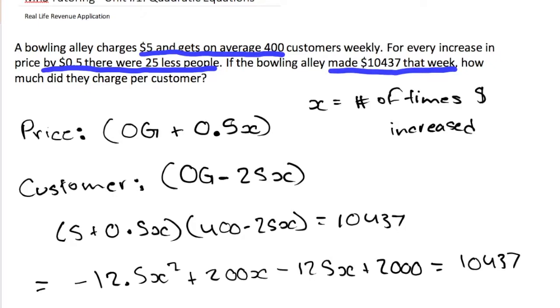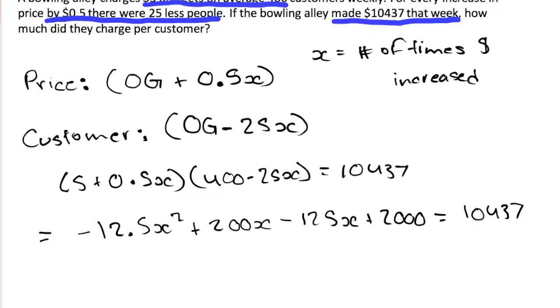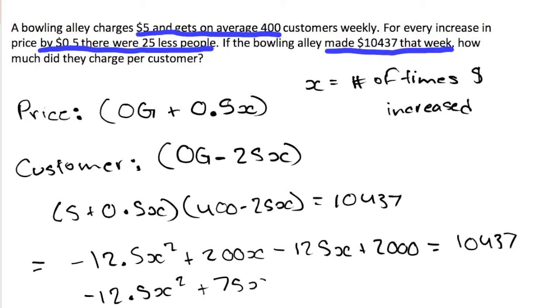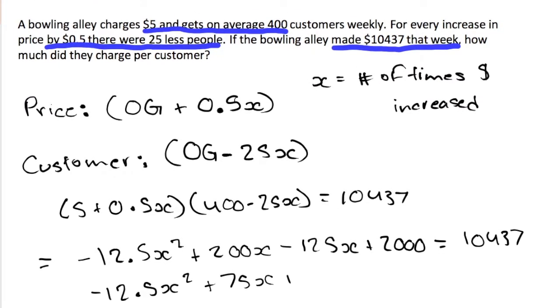Now we can simplify the left side of the equation to get negative 12.5x squared. And 200 minus 125 is 75, so plus 75x, plus 2,000 minus 10,437 is equal to 0.